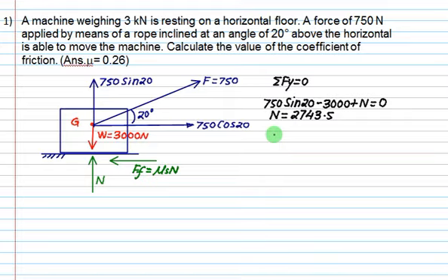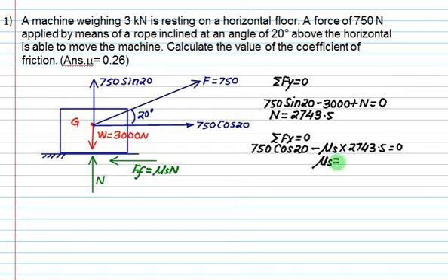Now apply sigma Fx. For sigma Fx, 750 cos 20 is a positive value, minus mu s into N, with N equal to 2743.5. So the value of mu s, the coefficient of friction, is 0.2.